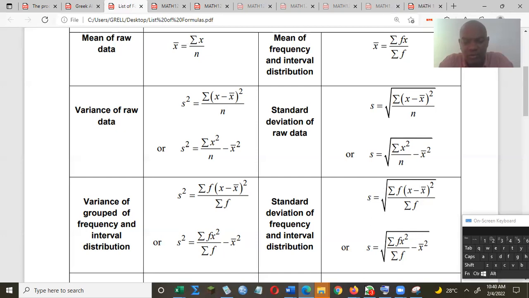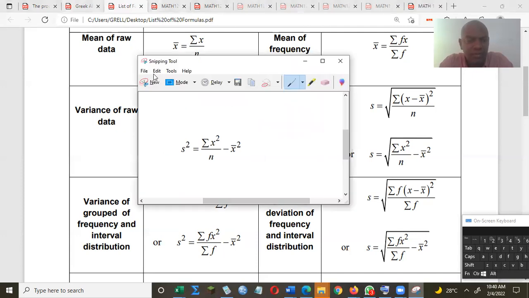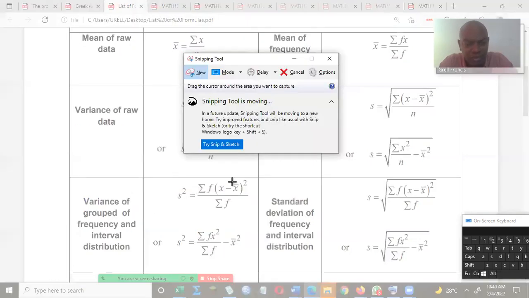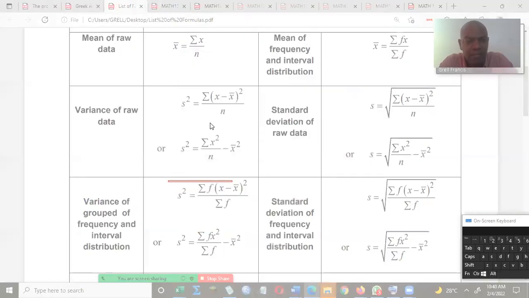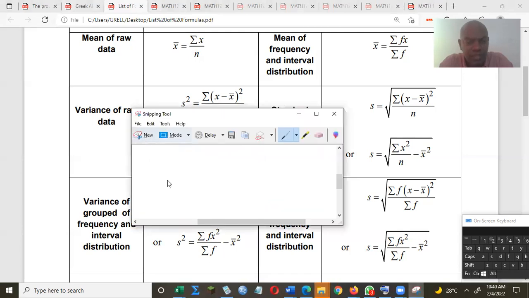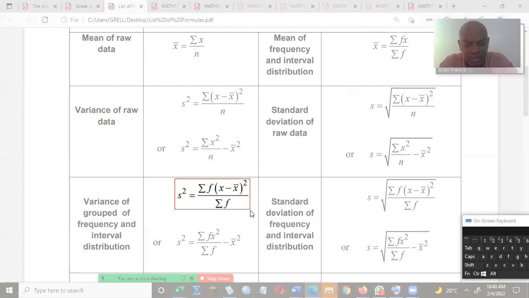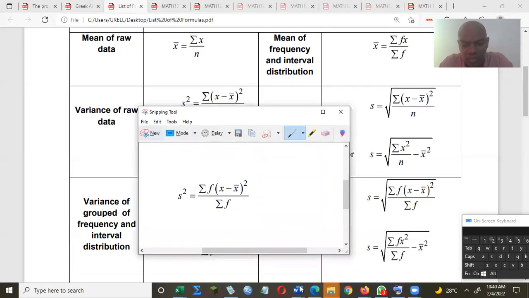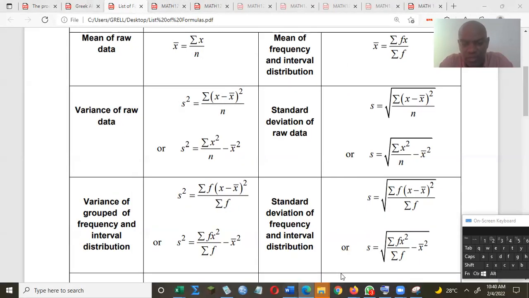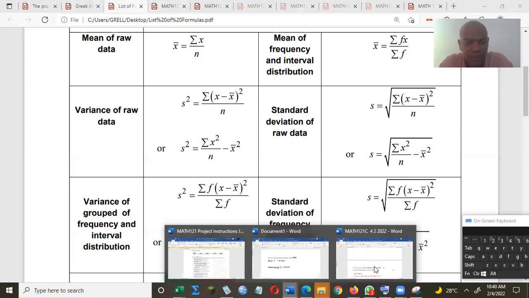Okay, so therefore now let's carry forward this formula for variance for grouped data. The frequency is present. Transfer it to our worksheet. In your case, transfer it to the assignment.